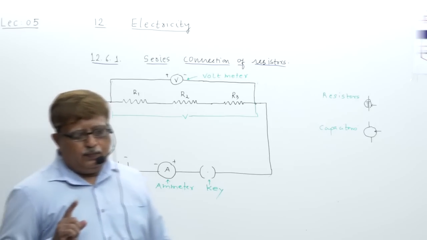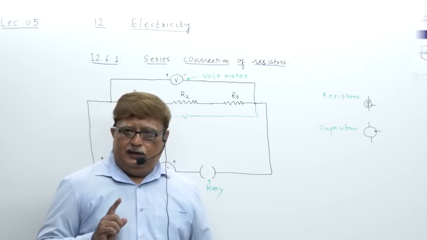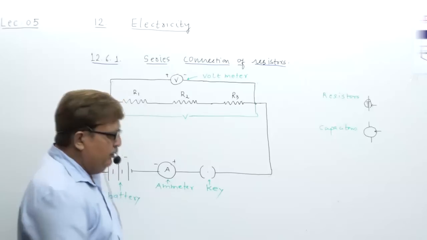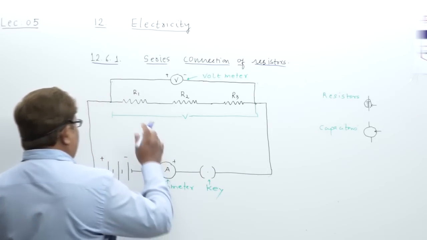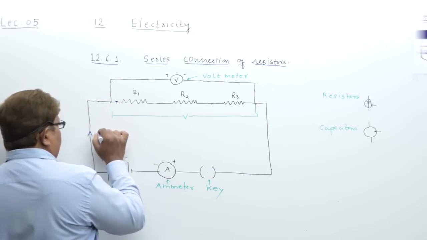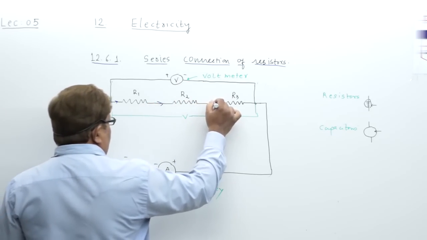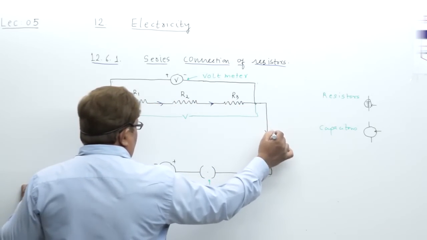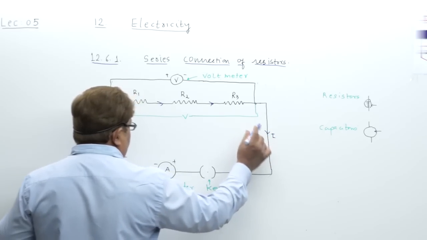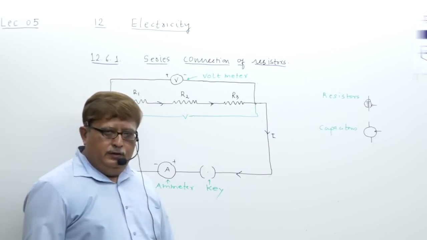Whenever resistors are connected in such a way that the amount of current passing through all resistors is the same, understood?